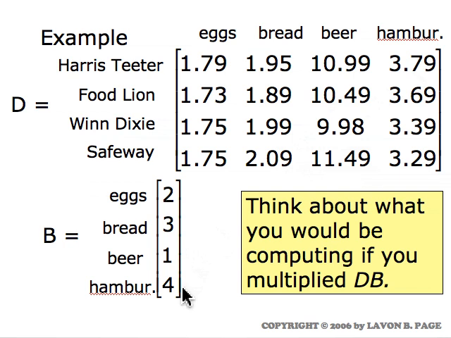So what we're calculating when we do that row times that column is the price of purchasing the entire shopping list if we're shopping at Harris Teeter. And similarly, when we come down and do the second row times that column, we're calculating the price of purchasing the entire shopping list at Food Lion, and then for the other 2 stores when we do the other 2 rows. So in summary, doing the matrix multiplication gives us the cost of doing the shopping at each of the 4 stores.